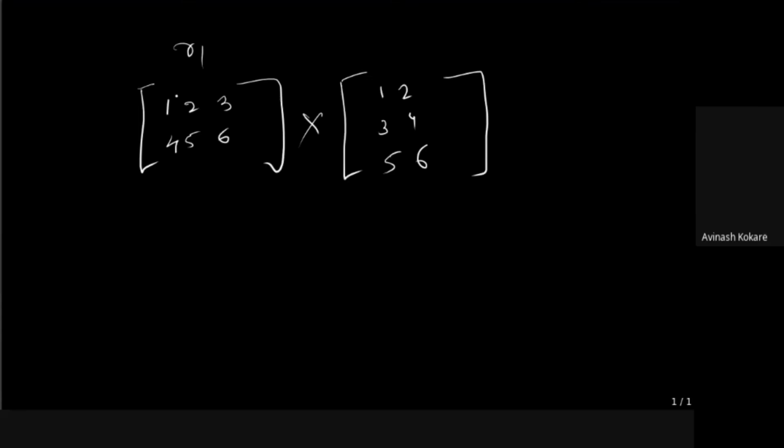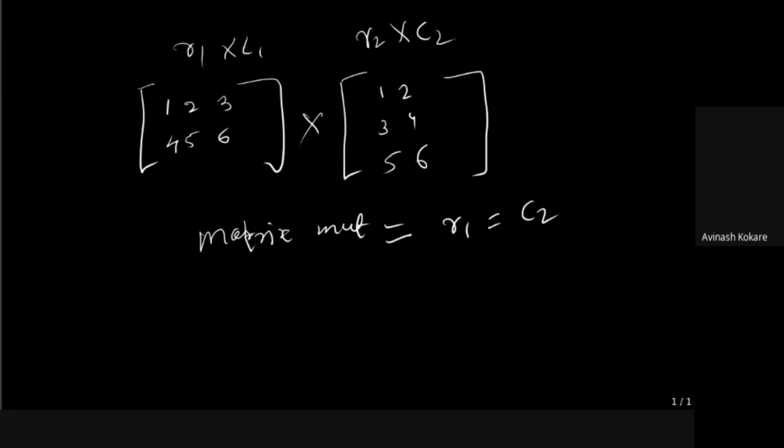We will call the first matrix R1 by C1, and the second matrix R2 by C2. The important condition for matrix multiplication is that C1 should equal R2. Unless this condition is satisfied, you will not be able to multiply the matrices.